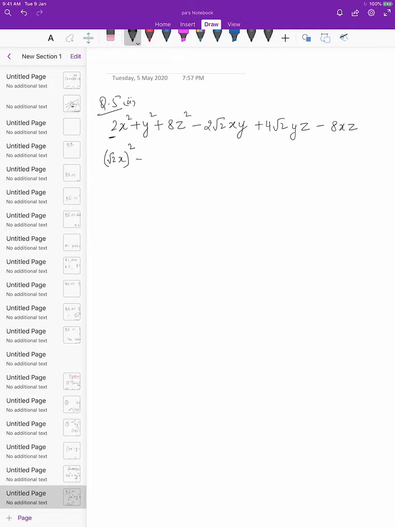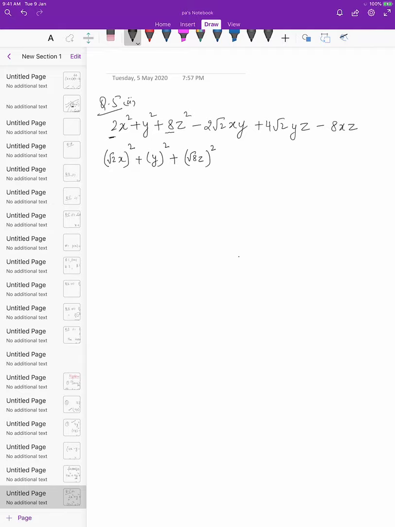Okay. Similarly, y square can be written as y square, and 8. Again, 8 is not a square of any number. So can I write this as (root 8 z) whole square? Whenever you find a number which is not a perfect square, put a root on that number and then write it as whole square.